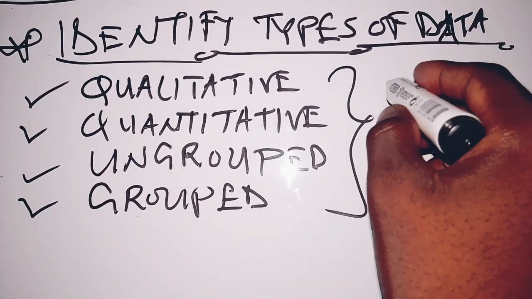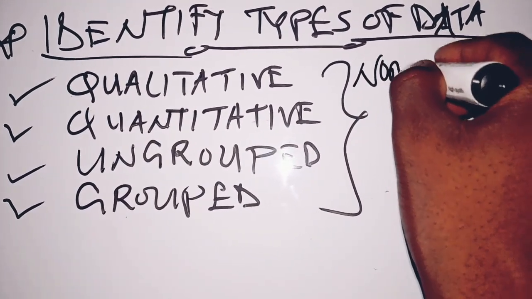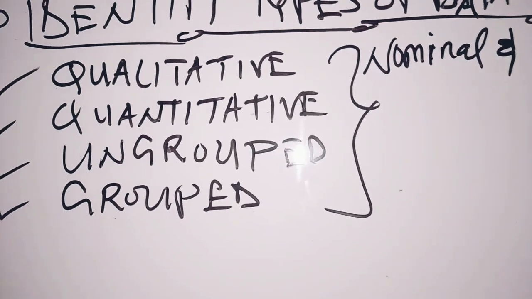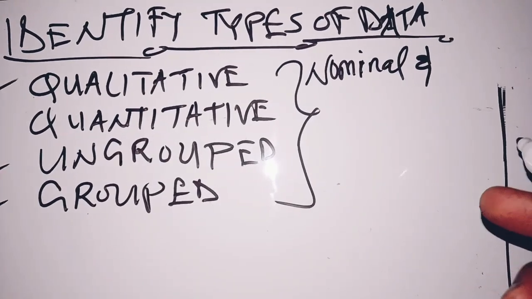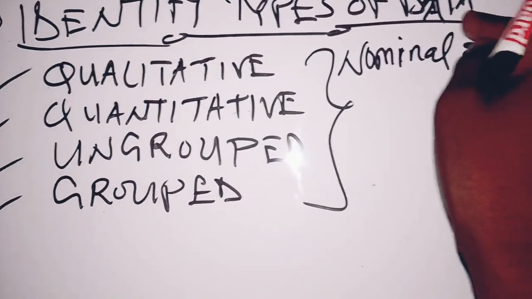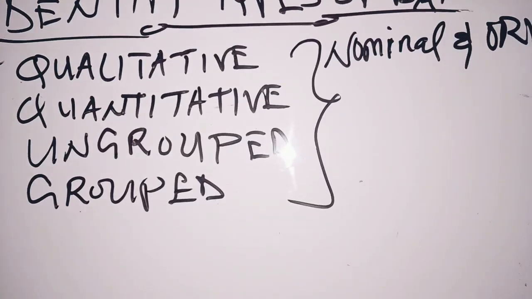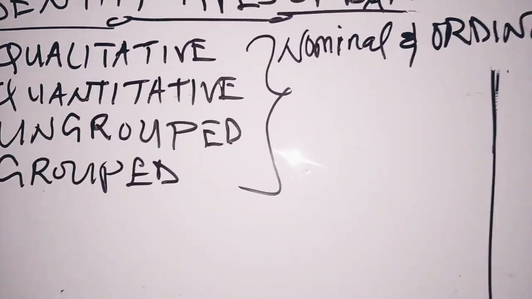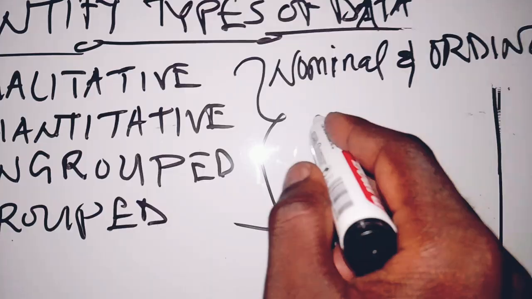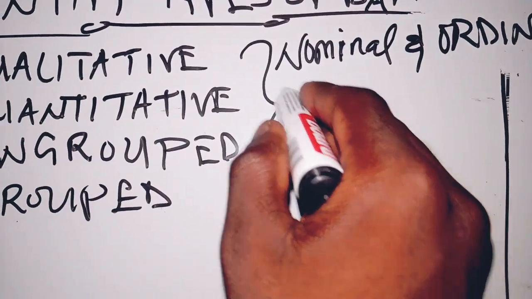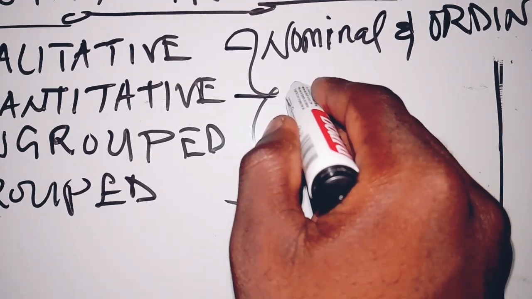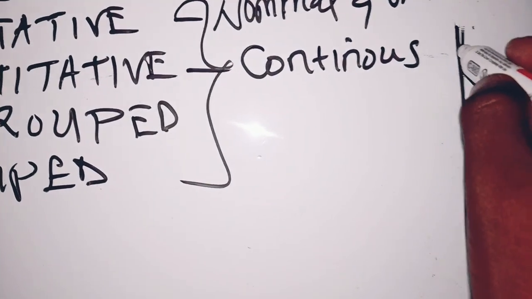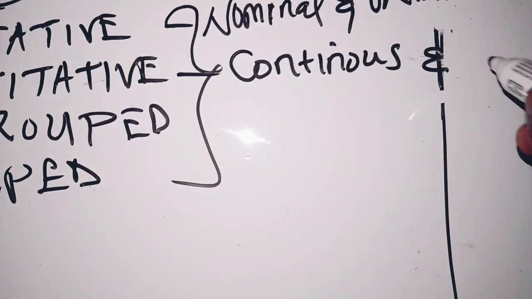Under qualitative, you have nominal data and ordinal data. Quantitative is also divided into 2: continuous and discrete. Under quantitative you have continuous and discrete.